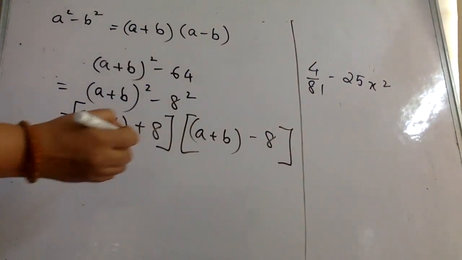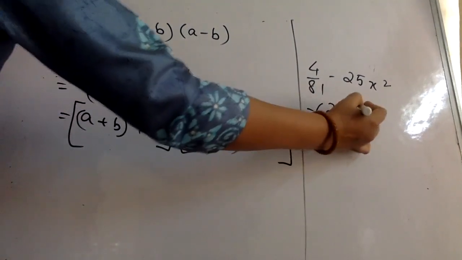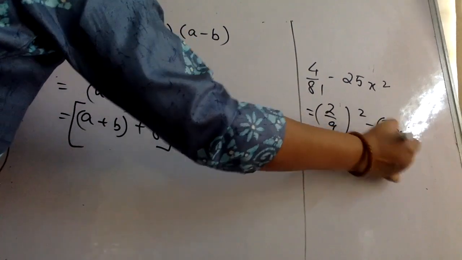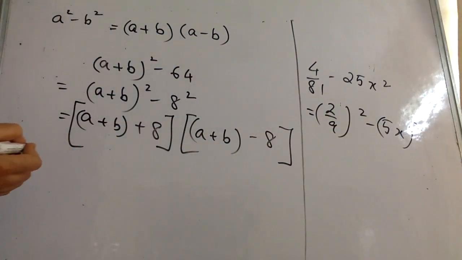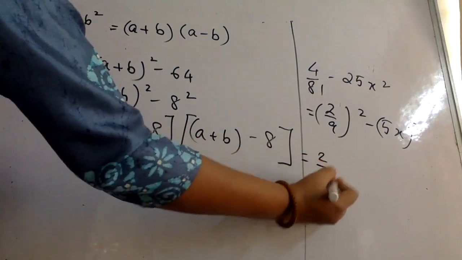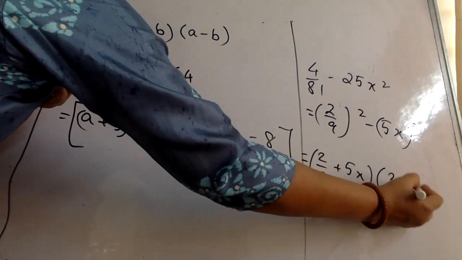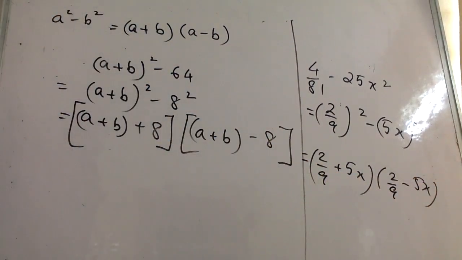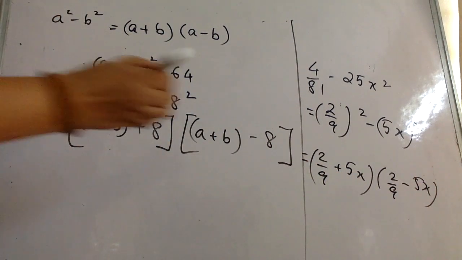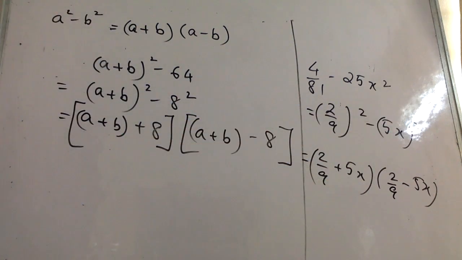Now this is (2 by 9) square minus (5x) square. That gives me 2 by 9 plus 5x and 2 by 9 minus 5x, sum over. So we have a square minus b square, a plus b and a minus b.